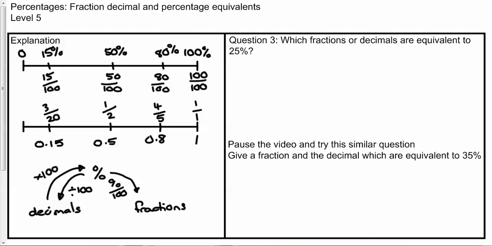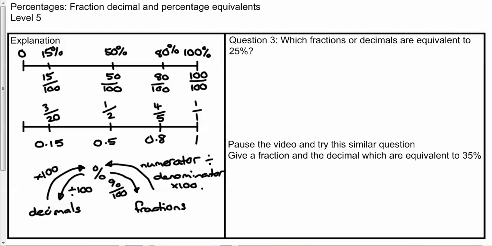To go from fraction to percentages can be more difficult depending on the fraction, because what you want to try and do is change it into an equivalent fraction over 100. However, a more straightforward way is to do the numerator, number on the top, and divide that by the denominator, number on the bottom, and then times your answer by 100 and you get a percentage.